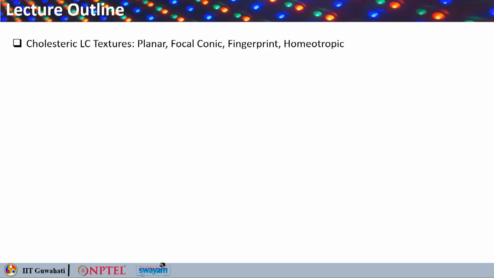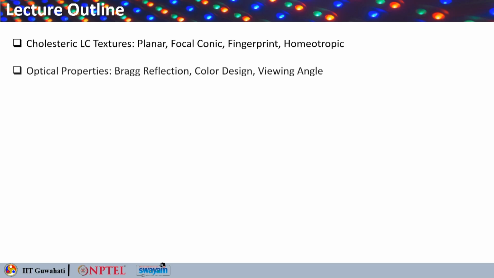So here's the lecture outline. We'll first consider the cholesteric liquid crystal textures, talk about the planar, focal conic, fingerprint and the homeotropic ones. We'll discuss their optical properties: Bragg reflection, color design and viewing angle.